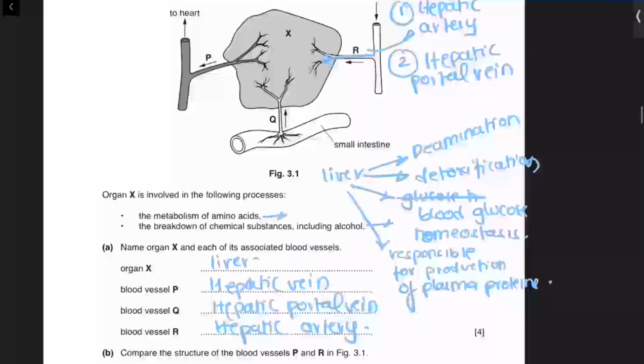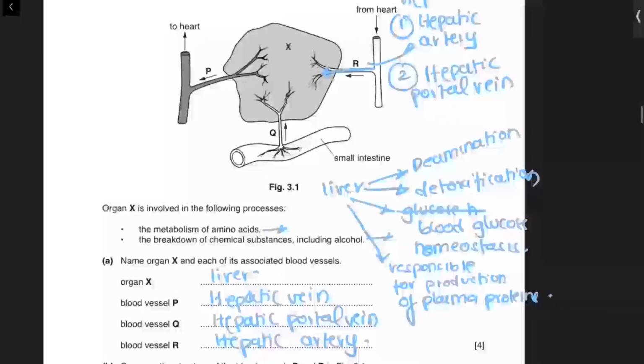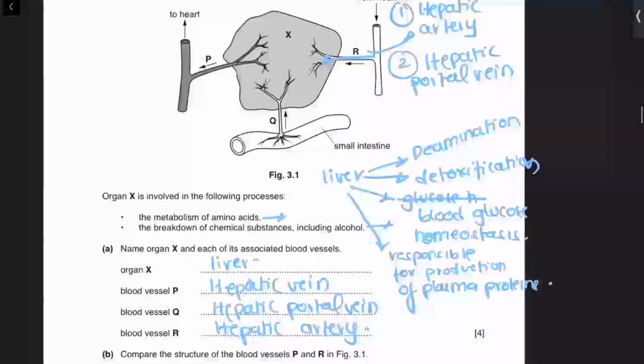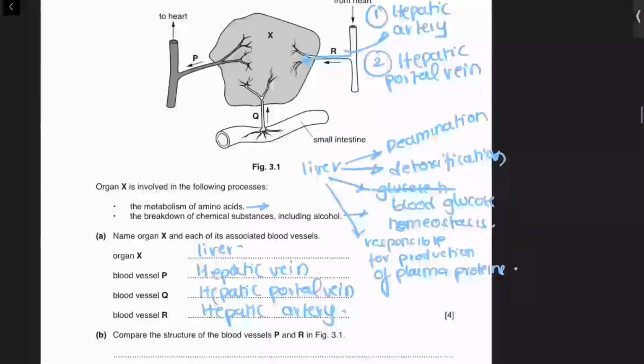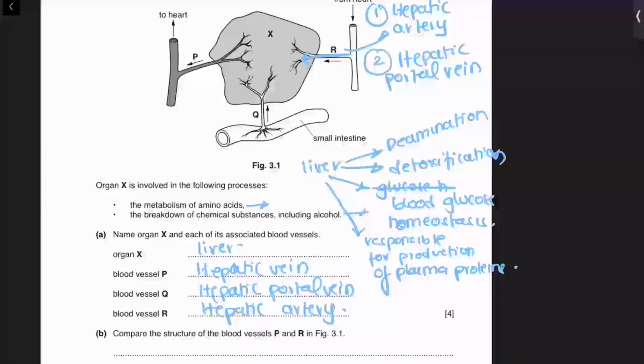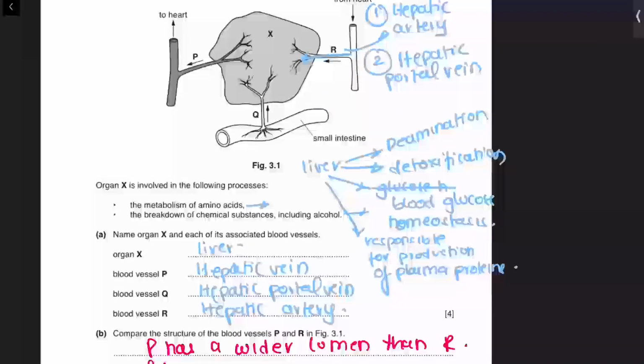Compare the structure of the blood vessels P and R. You're comparing a vein and an artery. So basically say P has a wider lumen than R. P has thinner walls.